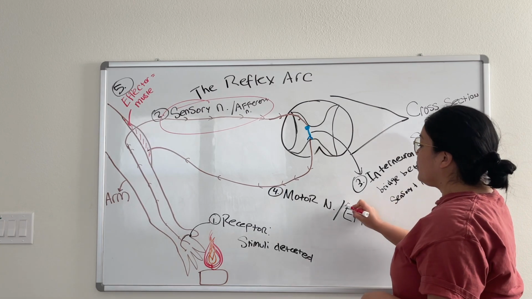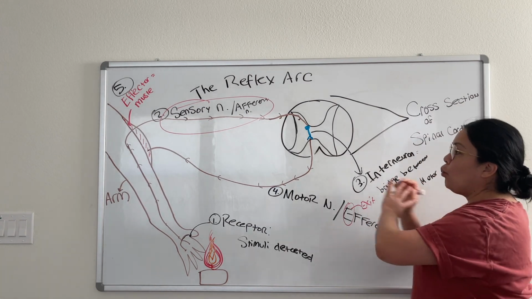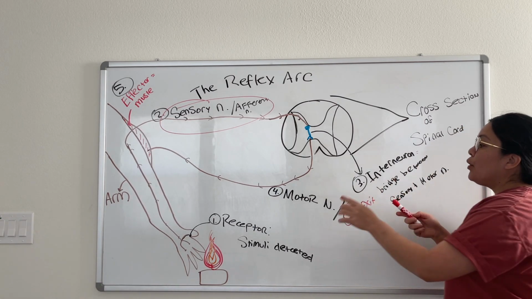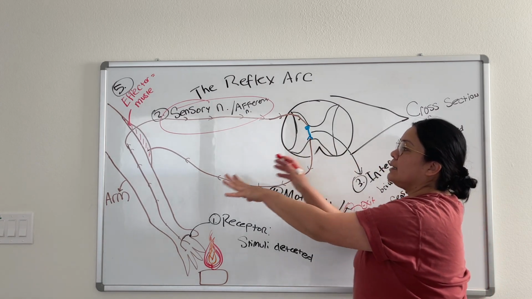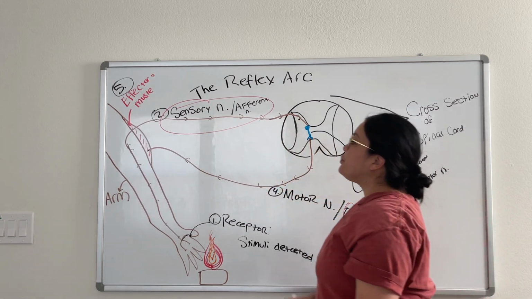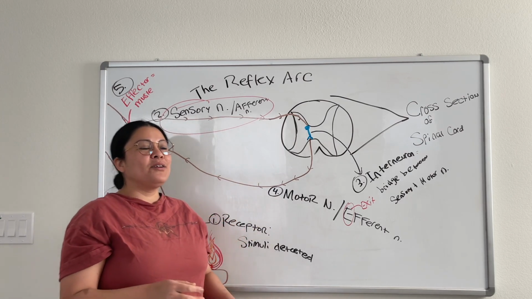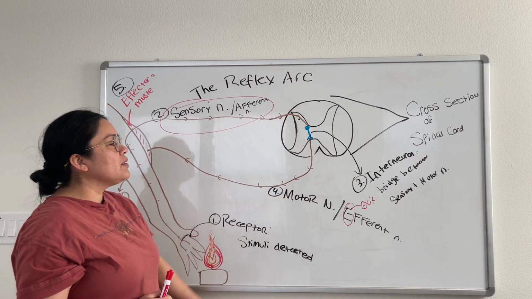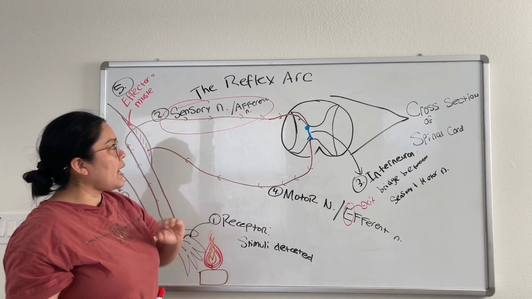E for exit. I know some people like to use exit because it's exiting away from the CNS. So your motor efferent exiting away from CNS towards the body, okay? You have to know that. If you're going to know anything from the nervous system, you have to know sensory nerves is the same as afferent nerves.